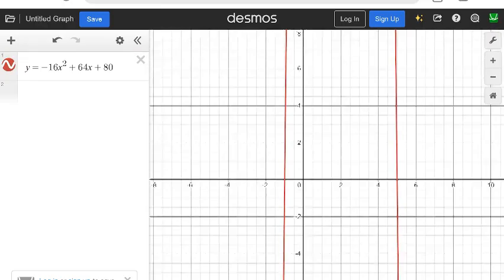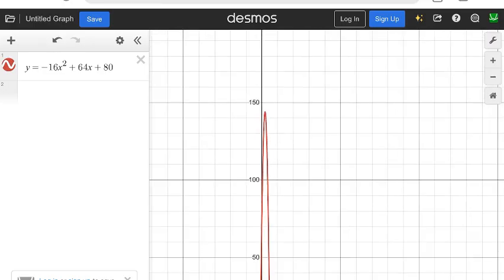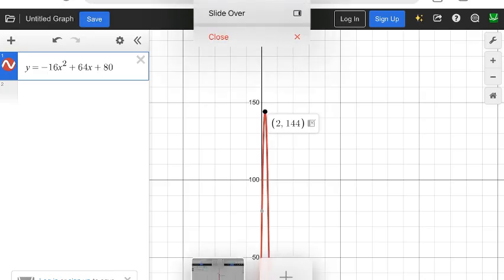Okay, let's figure out how high it's going to go. So let's zoom. Click on the highest point. What's the highest that this rocket's going to go? 144. So we're going to use that to help us. So I want y'all to write something down, though.